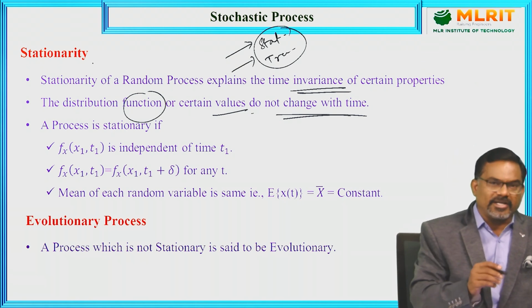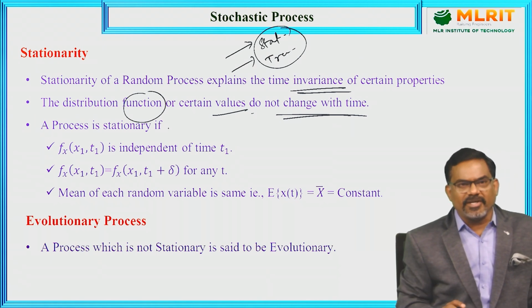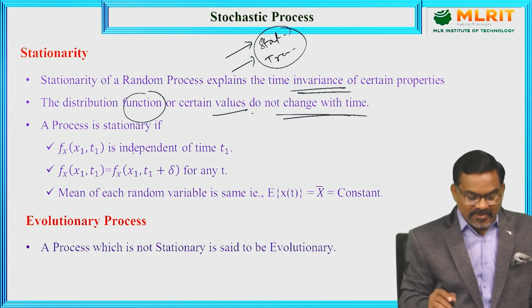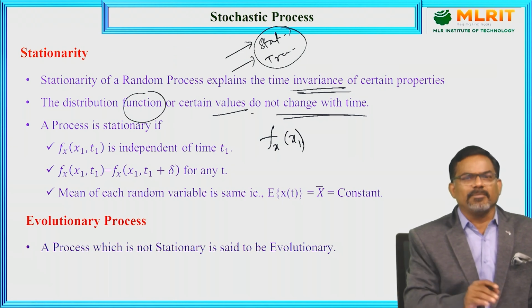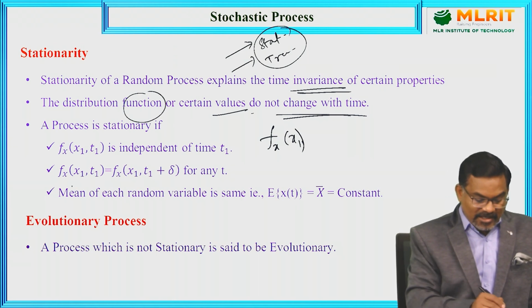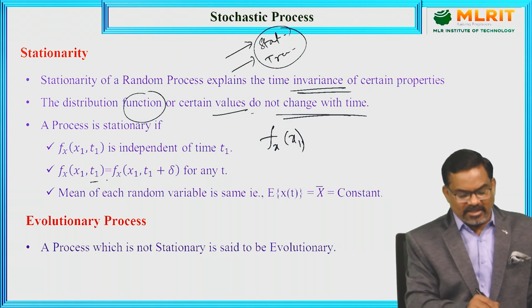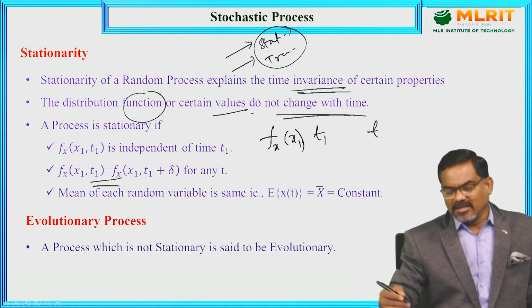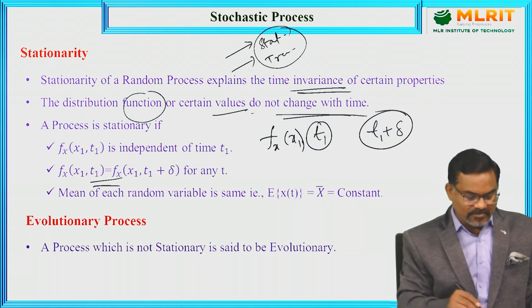Hence, this stationarity can be defined as a process is said to be stationary if F_X of x1, t1 is independent of time t1. So, simply I can write like this, no need of writing t1 because it is independent of time. Similarly, F_X of x1, t1 and F_X of x1, t1 plus delta both are equal. So, at time t1 and in the immediate instant t1 plus some delta, both the functions are same.